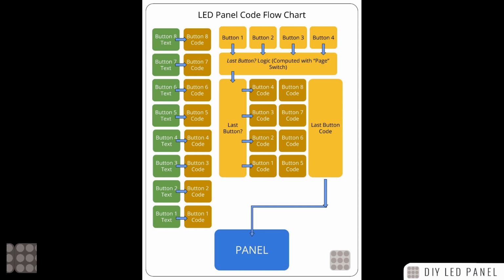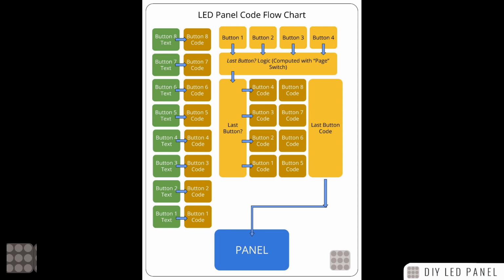The buttons initially go into the last button logic, so we figure out which was the last button pressed. And not only do we figure out which was the last button pressed, but which page it was on, in relation, of course, to the switch. So if the switch is on, then it's going to be 5, 6, 7, 8. If the switch is off, it's going to be 1, 2, 3, 4.